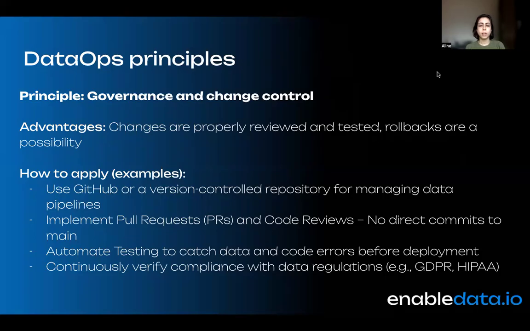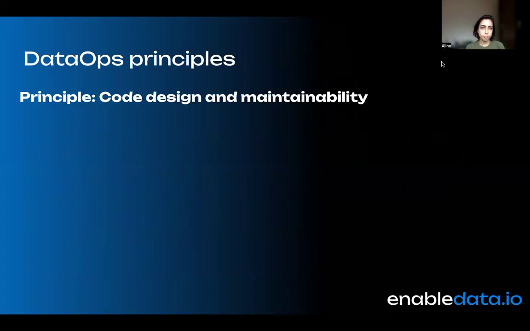And as we'll have more people looking into this code, continuously verify the compliance with data regulations. If you're deleting what is required to be deleted, if you're anonymizing what's required to be anonymized, this type of stuff will help your data governance and governance in general.